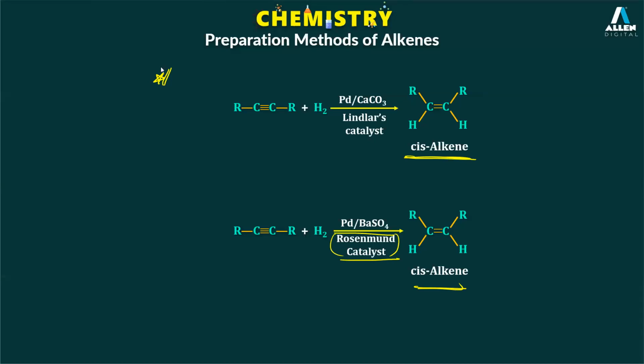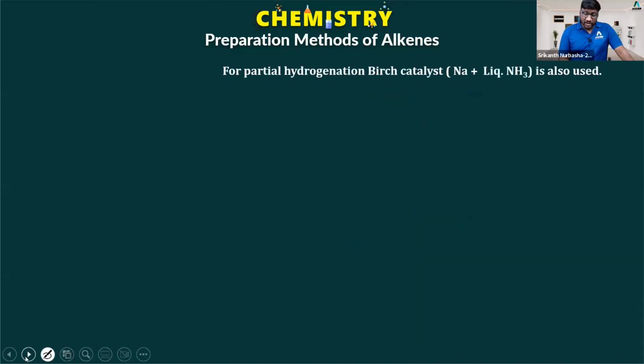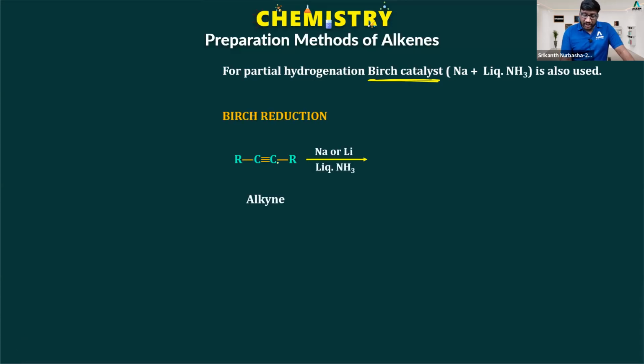Very good. The next reaction for partial hydrogenation is the Birch reduction, where sodium in liquid ammonia is also used. Here adsorption is not the scenario. Birch reduction is RC triple bond CR plus sodium or lithium in the presence of liquid ammonia.